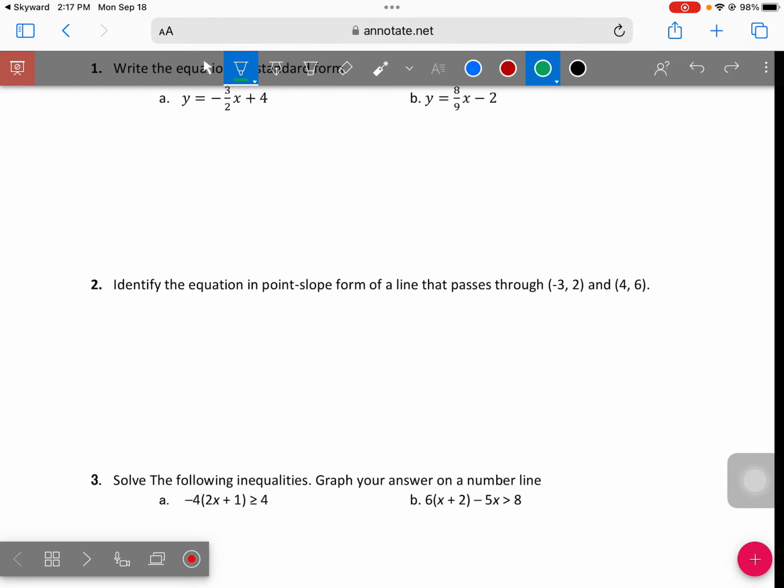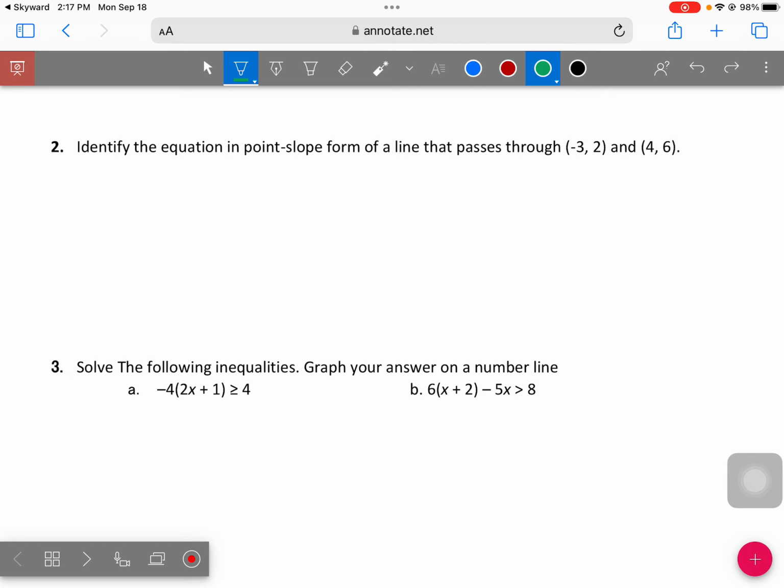Number 2 says, identify the equation in point slope form of a line that passes through those 2 points. I was going to say, do you remember the formula? Okay.